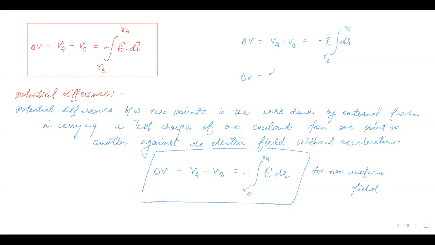In constant terms, you can also write VA minus VB is equal to minus E times, you can take here RA minus RB also. Okay. This is your equation in terms of position vector.